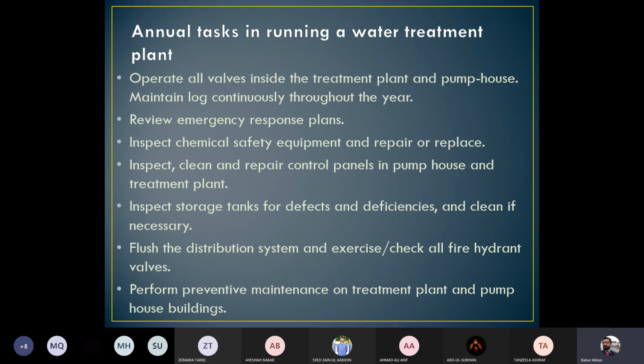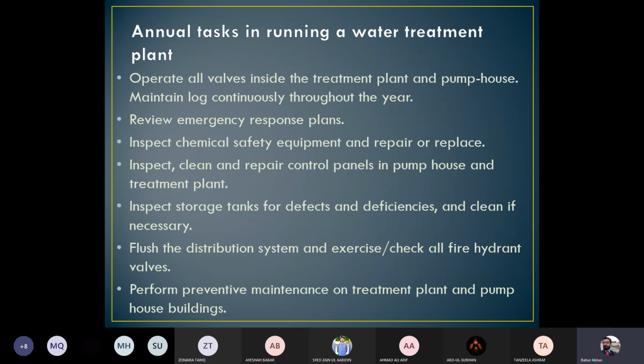Annual tasks in running a water treatment plant. These are not daily or quarterly tasks, but annual tasks. Operate all valves inside the treatment plant and pump house. Maintain log continuously throughout the year. Review emergency response plans. Inspect chemical safety equipment and repair or replace.